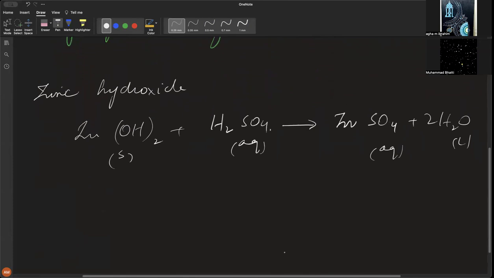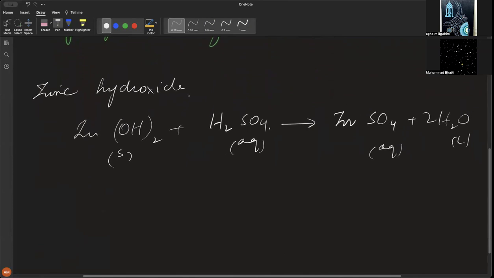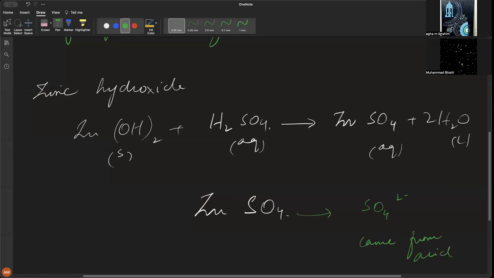So if you look at the salt zinc sulfate, basically it is of two parts, right? There is a sulfate over here, and this sulfate came from the acid.